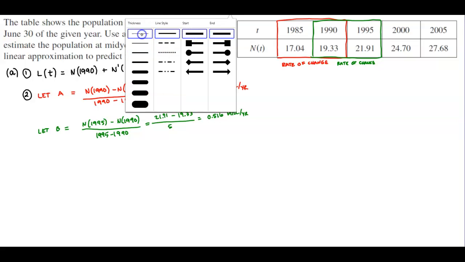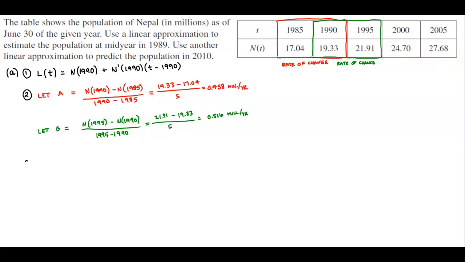Okay, so now in step 3, in order to find n prime of 1990, we can take the average of these two slopes. So we can take A plus B and then divide that by 2.